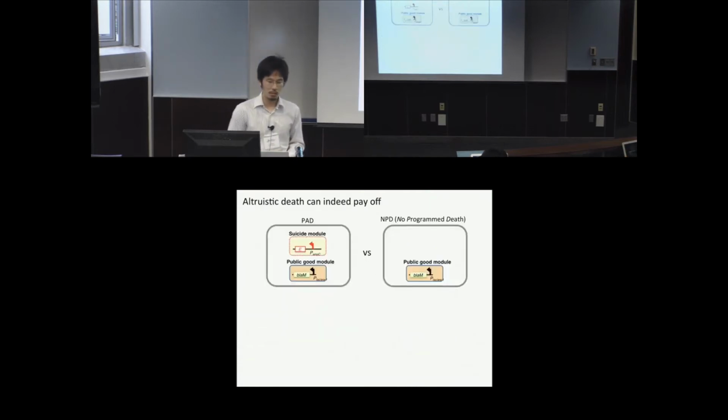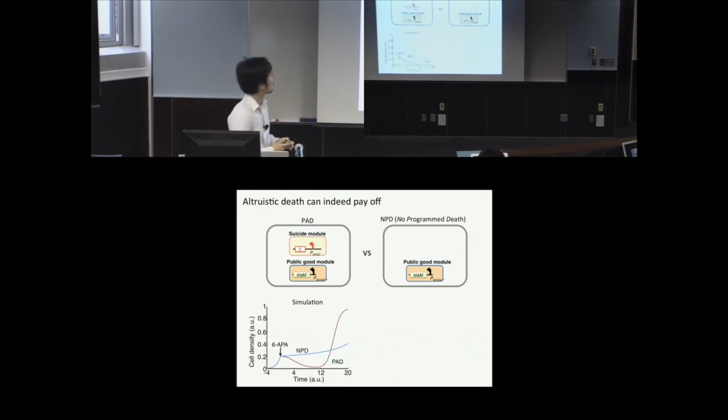So with this system in my hand, I first tried to see if this PAT cell can grow better than the control cell, or no program death cell, or NPD, in a separate culture. So my experiment is going to be all separate.